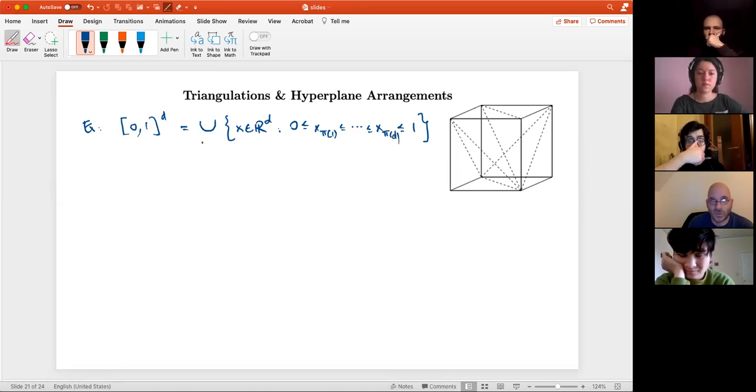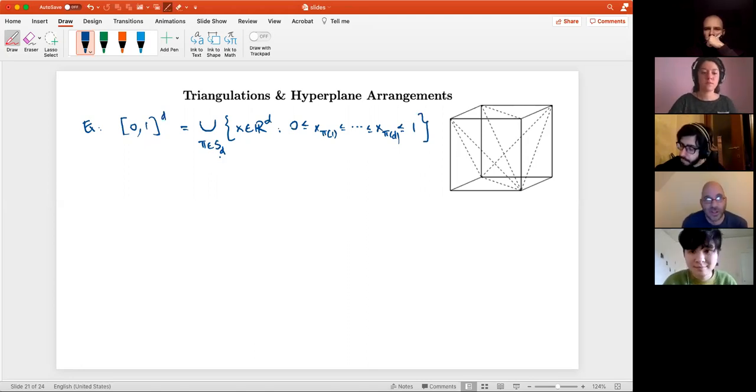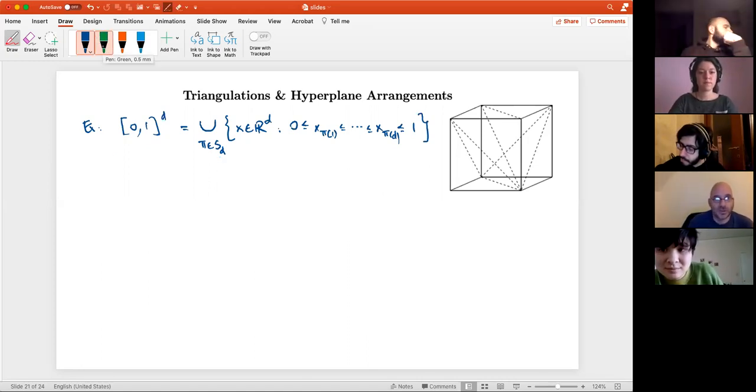If I do this over S_d, then everybody is somewhere, because for every point I can put the coordinates in some order. And I'm allowing equality, so I don't need a tiebreaker.